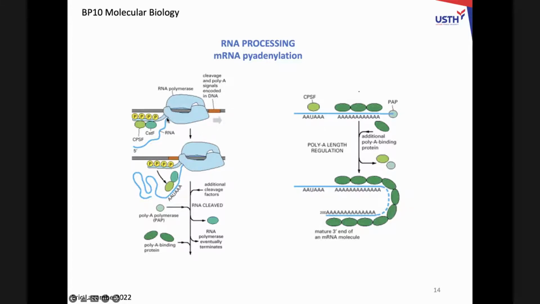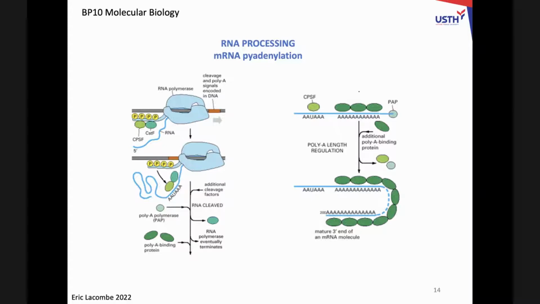Once the RNA has stopped being transcribed, you have these polyadenylation factors. Do you remember the POL1 transcription termination?